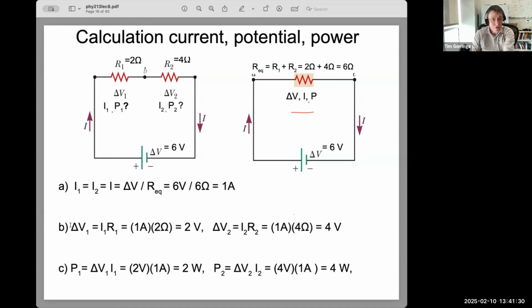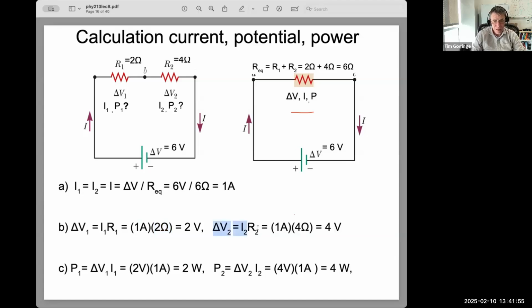Or if you knew its voltage, you can find its current. So let's use Ohm's law. V equals IR. We're going to apply it to the first resistor. So all these subscripts are ones for the first resistor: the voltage across it, the current through it, its resistance. The current through it is that 1 amp. The resistance of it is the 2 ohms. 1 times 2, that's 2 volts across that first resistor R1.